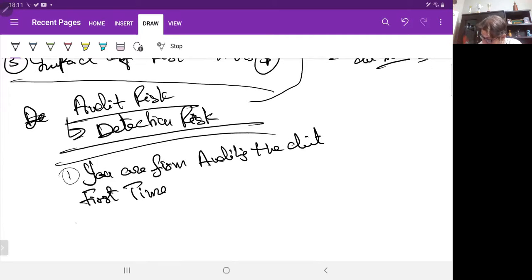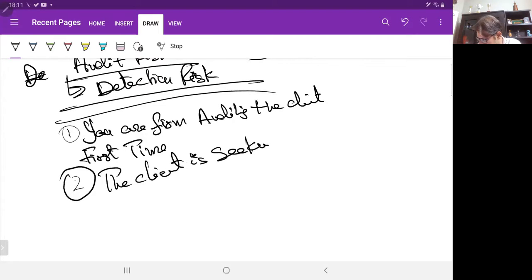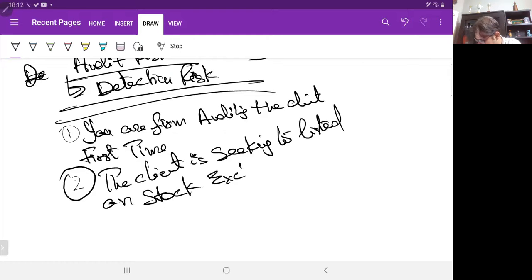Number two, the client is seeking to list on a stock exchange. That's another example of detection risk.